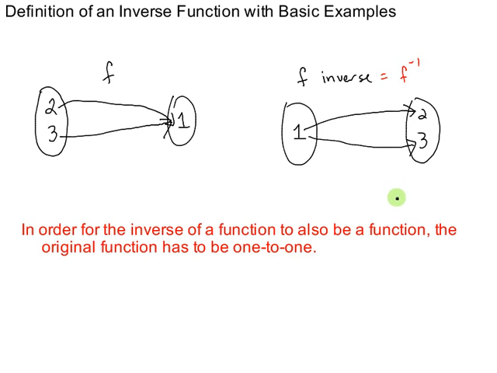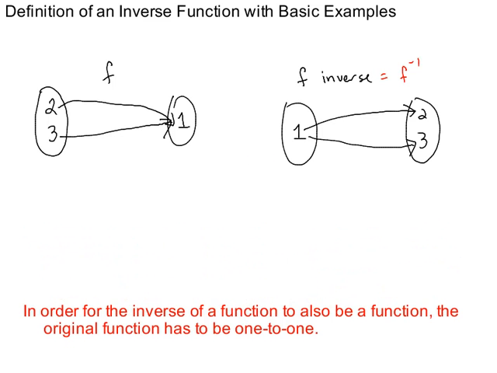Okay, a few other properties of inverse functions. Clearly, every x value over here in the original function is now a y value. So x becomes y, and vice versa if you go the other way. The domain of this function becomes the range of this function. So x becomes y, the y for the original becomes the x for the inverse.